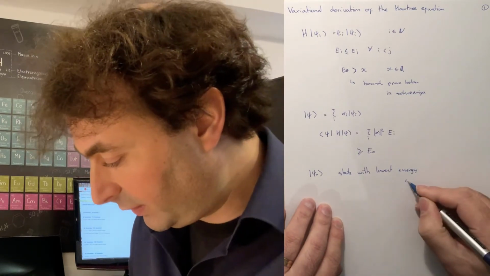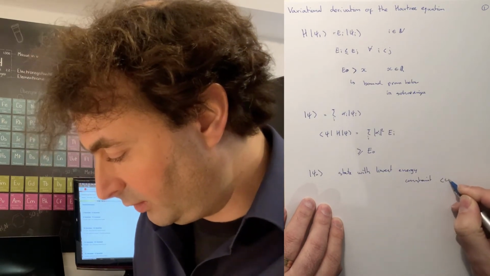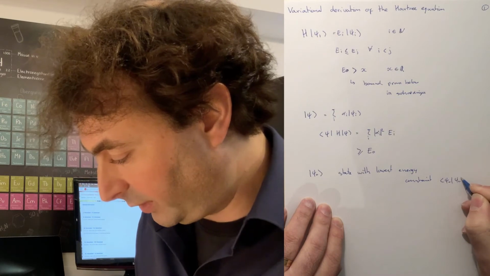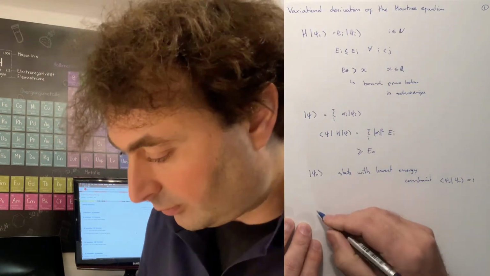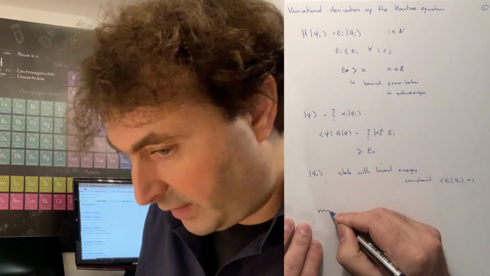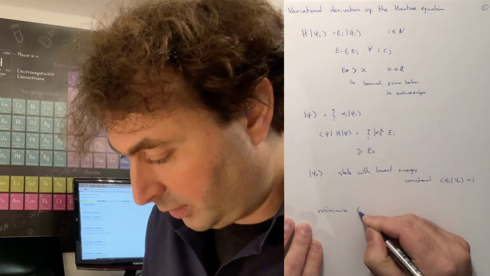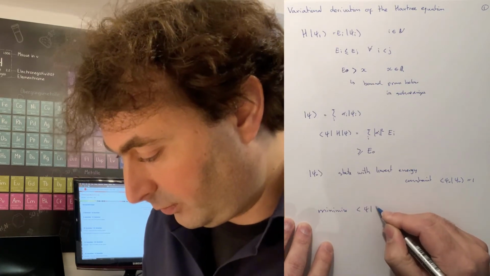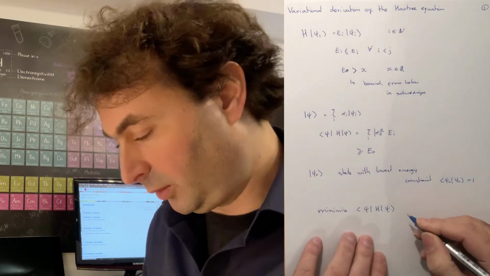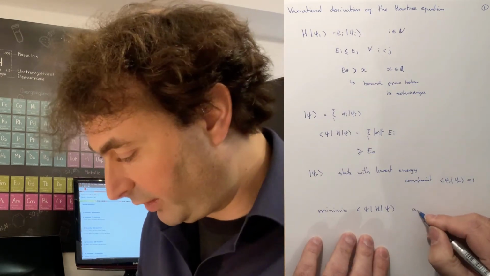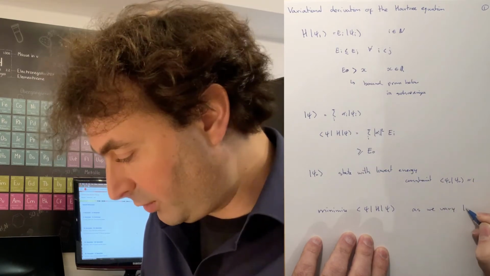With a constraint that the norm of our wave function is equal to 1. So what we have to do is we have to minimize the expectation value of the Hamiltonian as we vary our wave function.